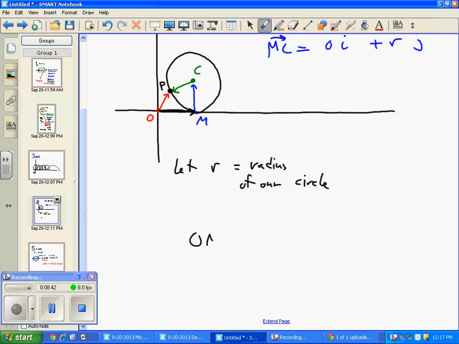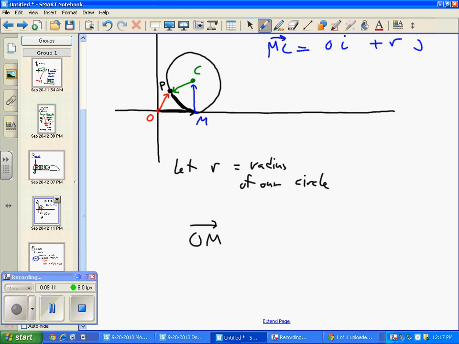Okay. So I think what would help us in finding vector OM would be to look in this picture for another distance that would be the same as OM's length. And it's sort of fun, but if you think about the circle rolling, basically what you know is this.